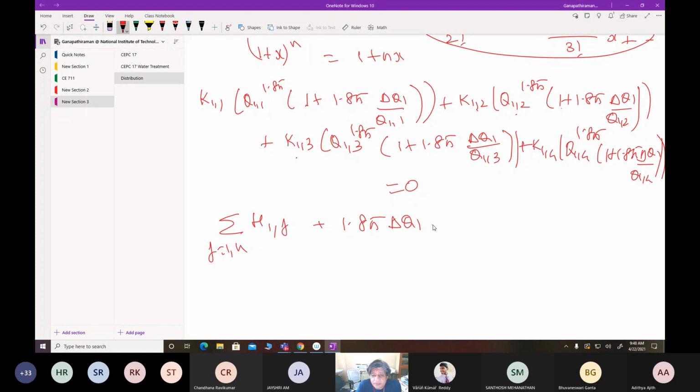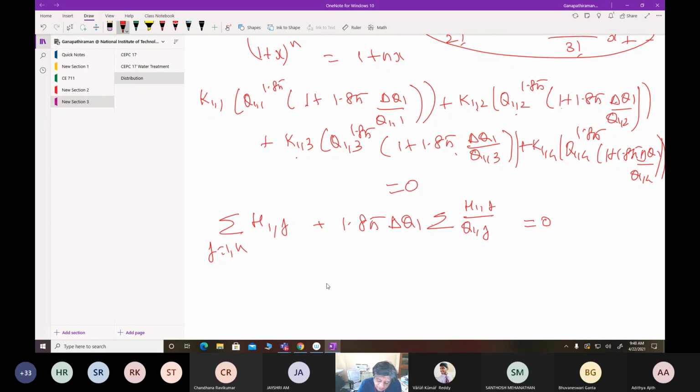K11 Q11 to the power 1.85 divided by Q11 is H11 by Q11, H12 by Q12, H13 by Q13, H14 by Q14. So delta Q1 times sigma of H1j by Q1j is equal to 0.